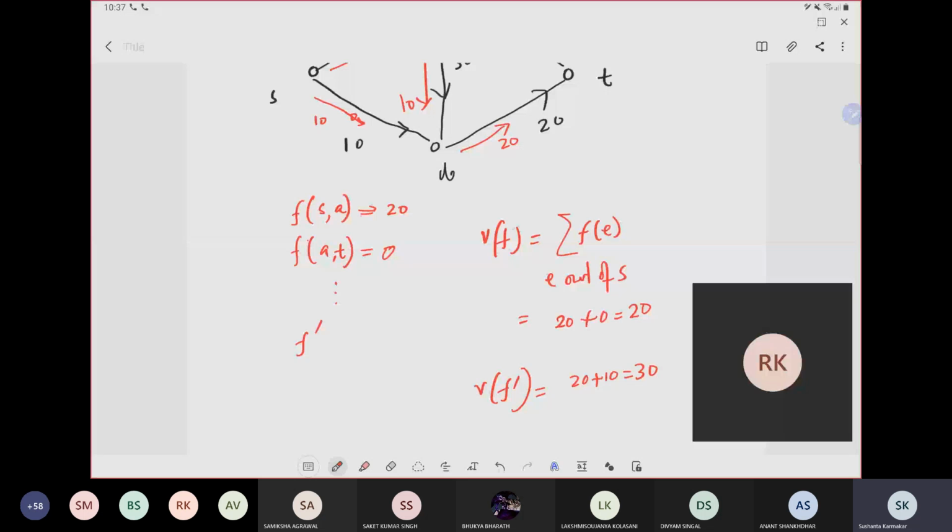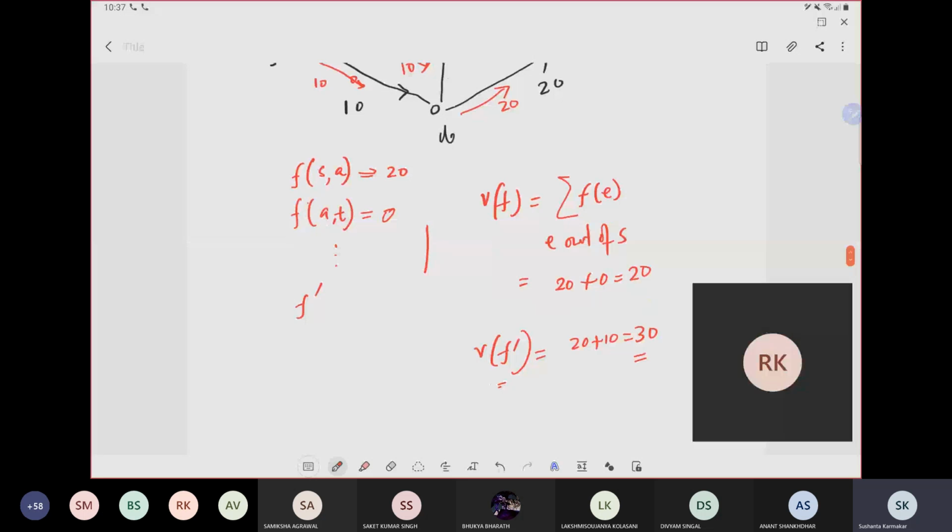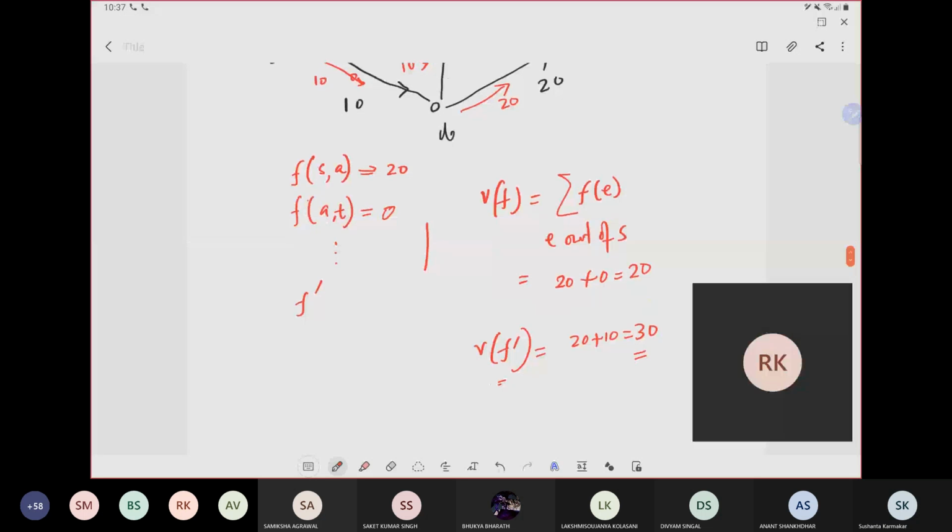The second assignment, the value of f prime is 30. And remember, all the conditions are satisfied. All the capacity conditions and the conservation rules are satisfied. So I should definitely look for this f prime, so that the value of the flow is maximum.